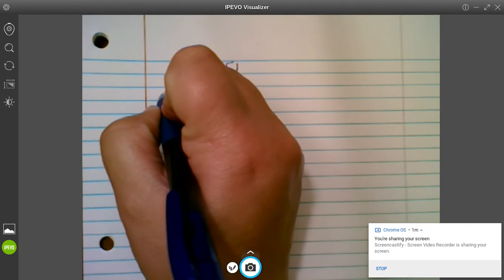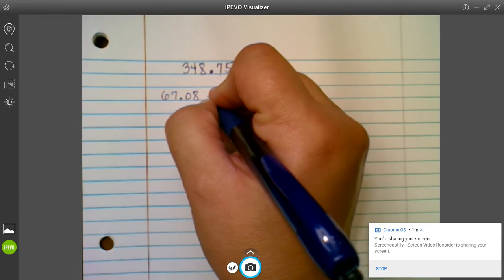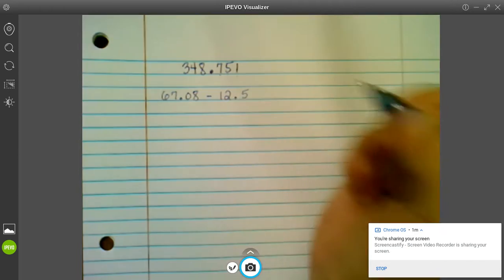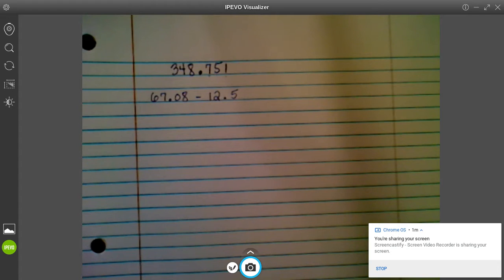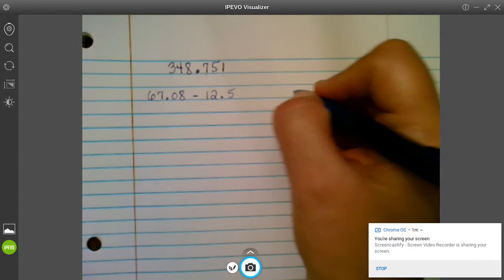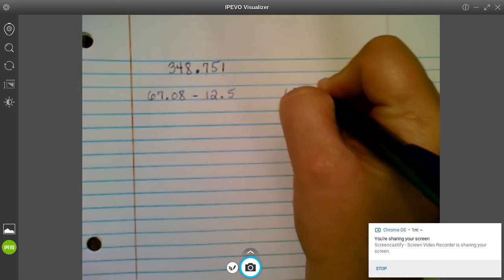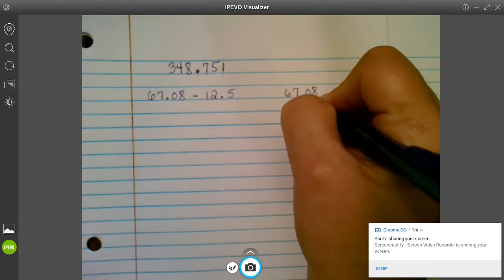So if we look at subtracting today, let's say we have the number 67 and 8 hundredths, and we're subtracting 12 and 5 tenths. Now, guys, a common mistake that I always see with students is when they write this, they write it like this.